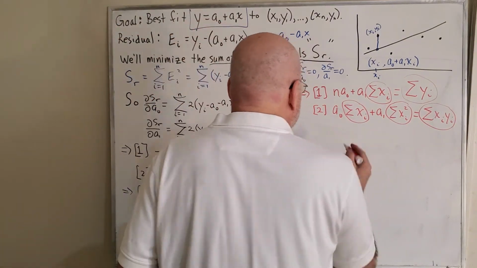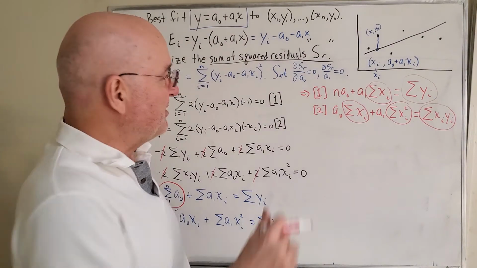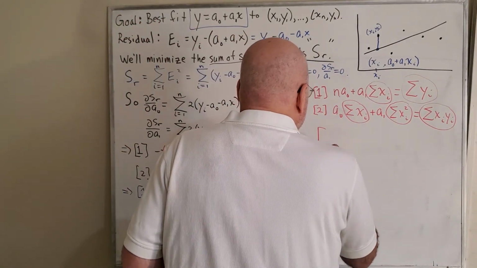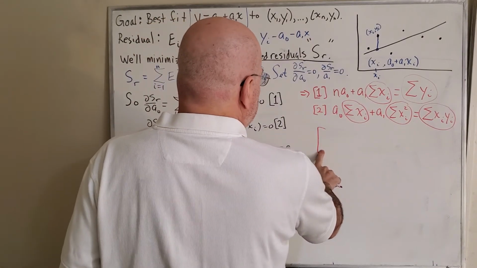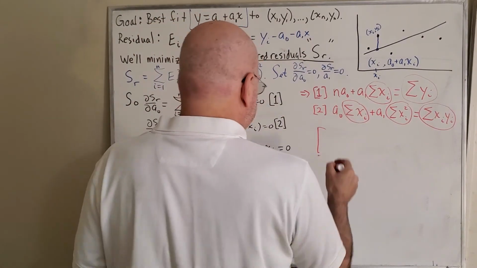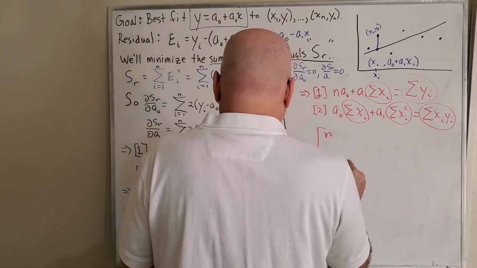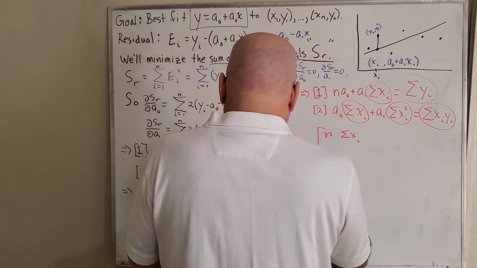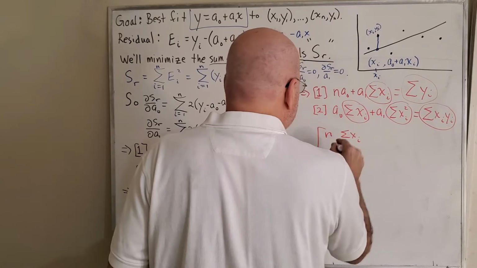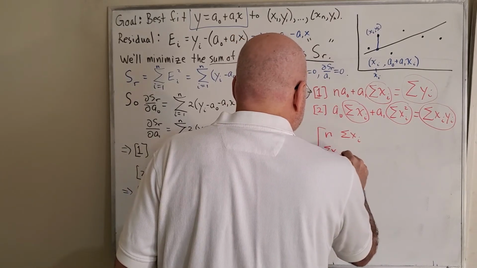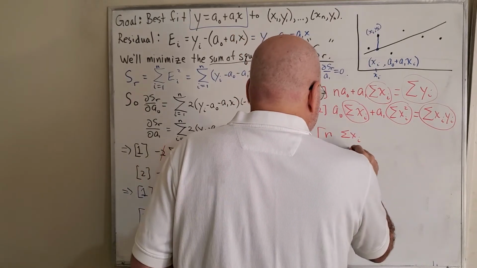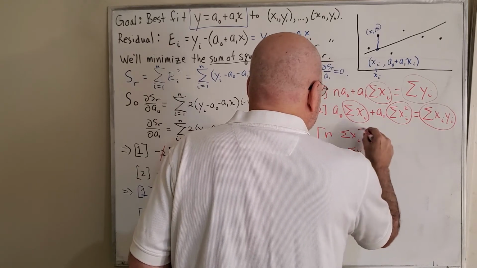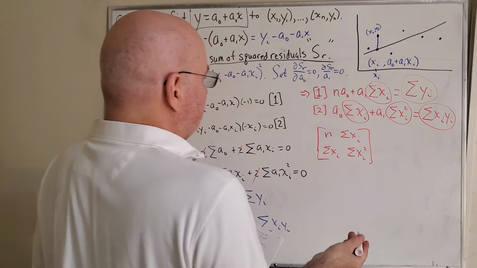I'll even write it like you would not necessarily have to. I'm going to write it like a matrix. Let's take the coefficients of the A0s and A1. So it would be n, and then the sum of the xi's. And then below that, it'd be the sum of the xi's and the sum of the xi squared. Doesn't look like it, but those are our coefficients.